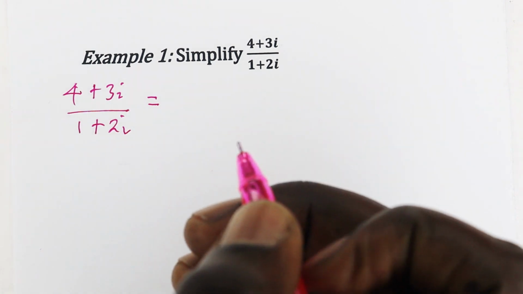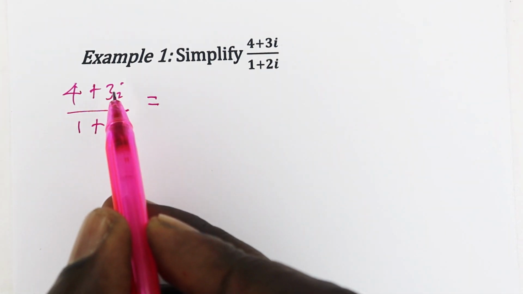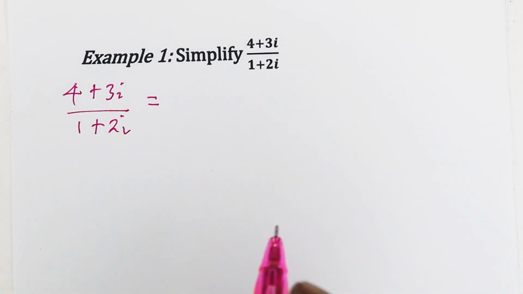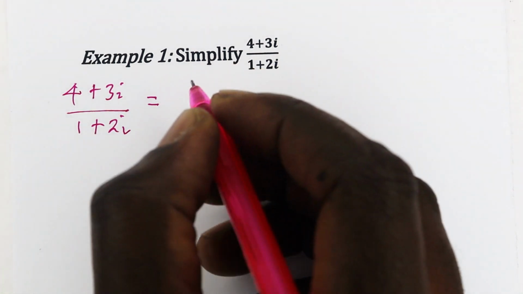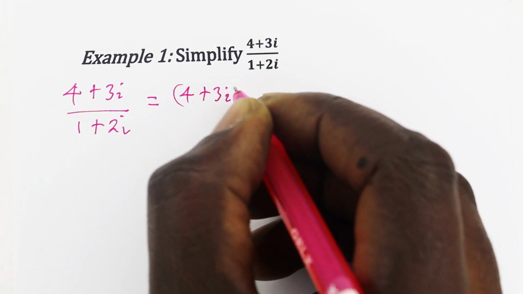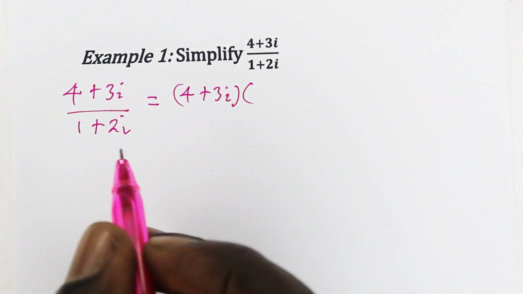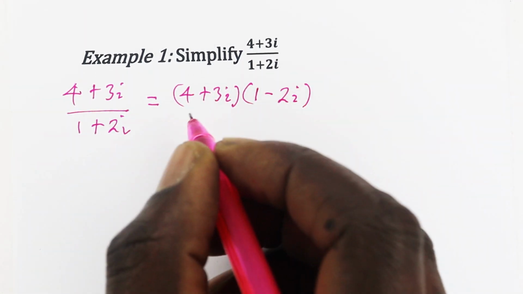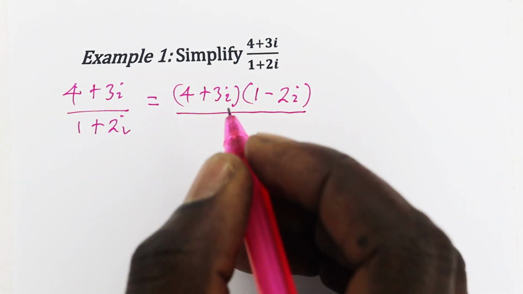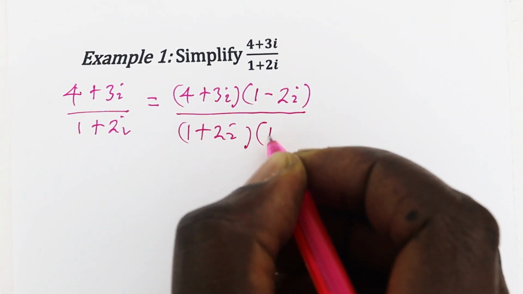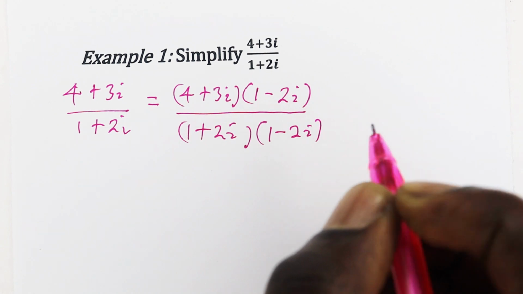To perform this division, we are going to multiply both the numerator and the denominator by the conjugate of the denominator. So we're going to have 4 plus 3i, and then we multiply that by the conjugate of the denominator, that will be 1 minus 2i. Then we do the same for the denominator. We're going to have 1 plus 2i times 1 minus 2i.